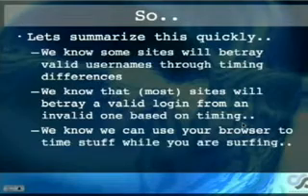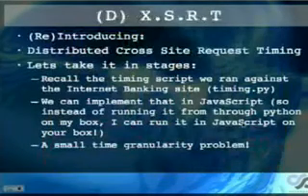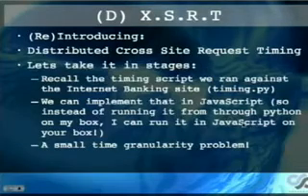And we know that we can use your browser to time stuff while you happen to be surfing. Okay? So it happily gives us cross-site request timing and then distributed cross-site request timing.